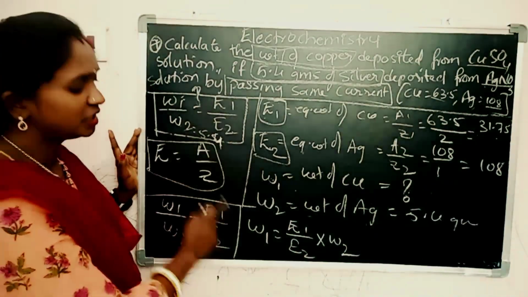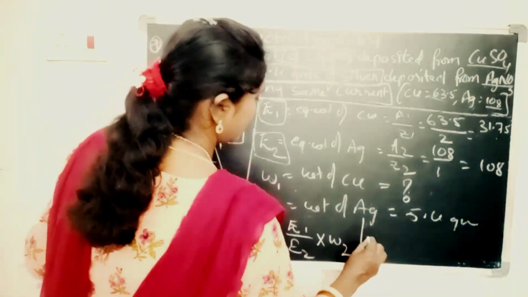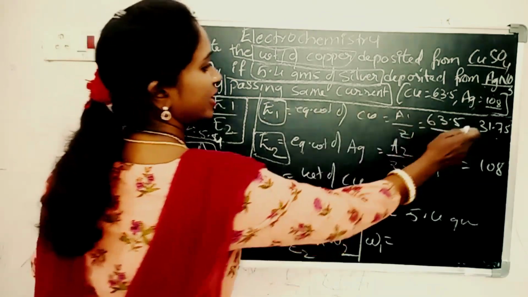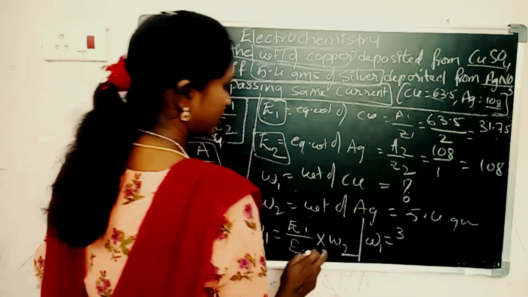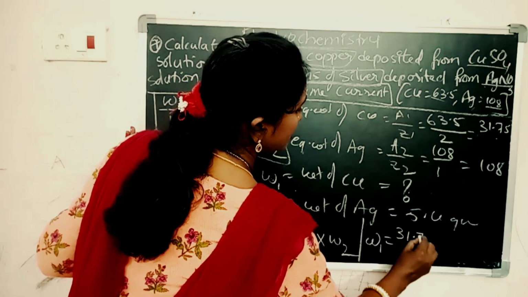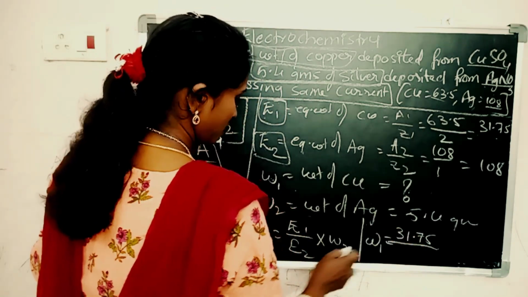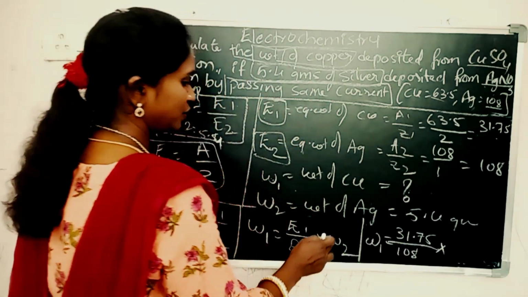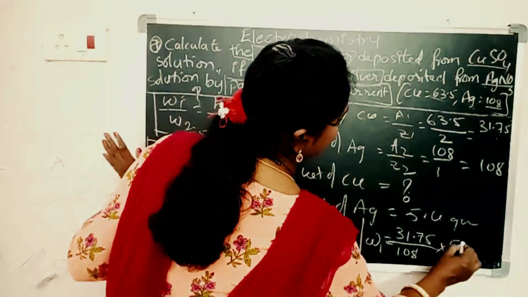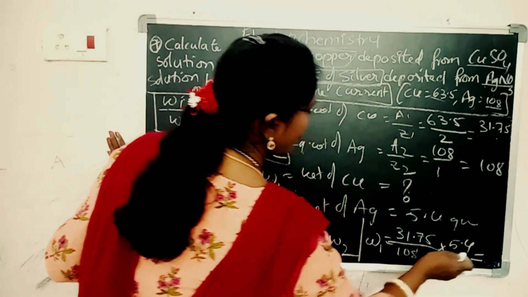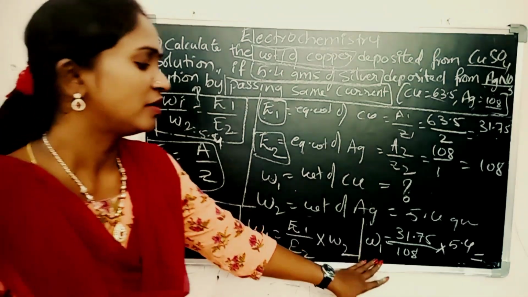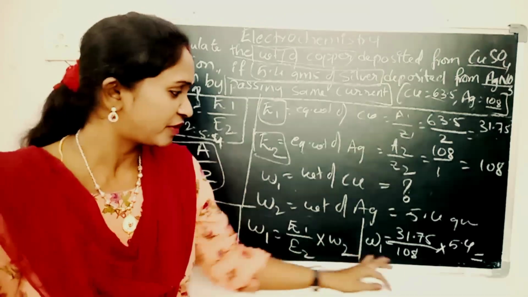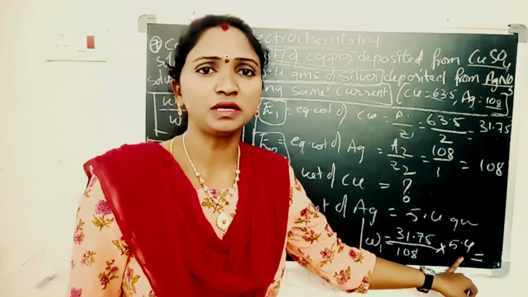Let's bring this W2 to this side. So W1 equals E1, what is the value of E1? 31.75 by E2, that is 108, into W2, the weight of silver deposited, 5.4. After calculating all these values, finally we will get the weight of copper deposited.